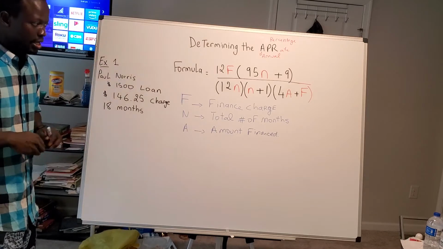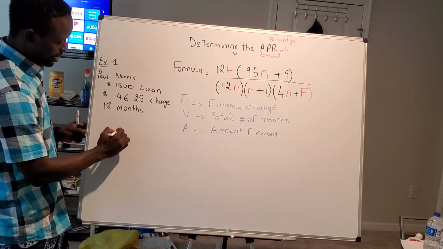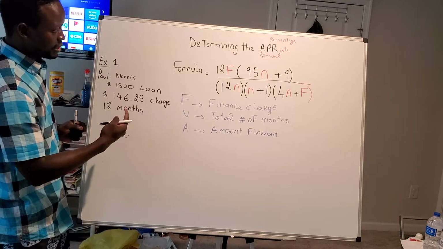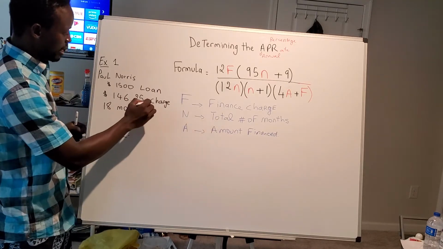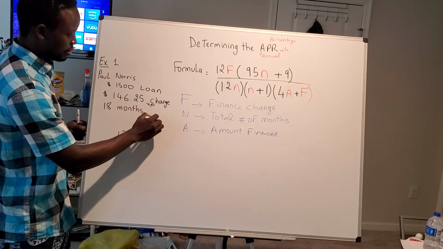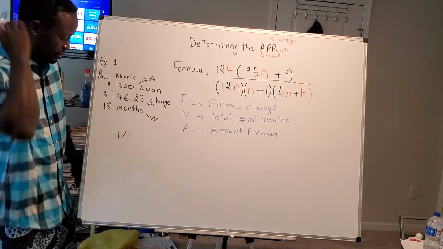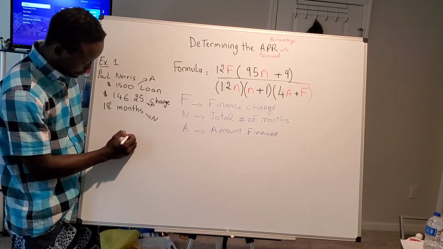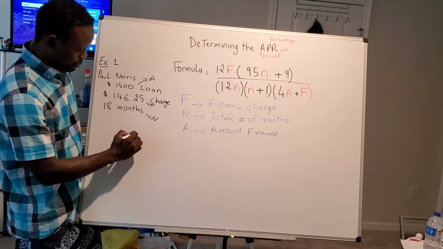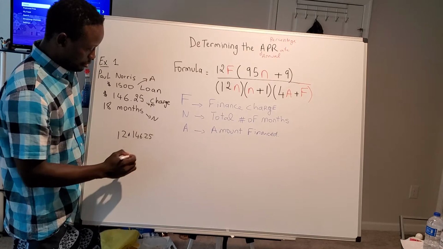So let's do that. Now 12F, so that's 12 times F, right? Now F is my finance charge, so this is my F right here, and this is my N, and this is my A, the amount financed, right? So 12F, F is 146.25, right?